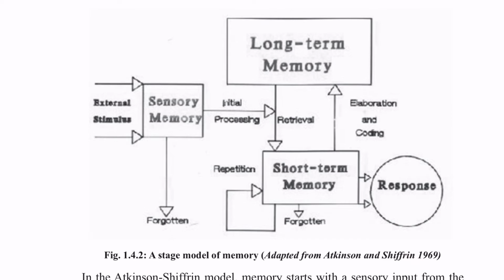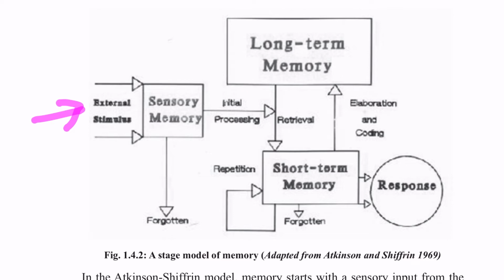The external information comes in and goes to the sensory memory, which retains the information for a very short period. For visual information it is only about half a second, and for auditory memory it is 4 to 5 seconds. So auditory memory has more time in sensory storage.